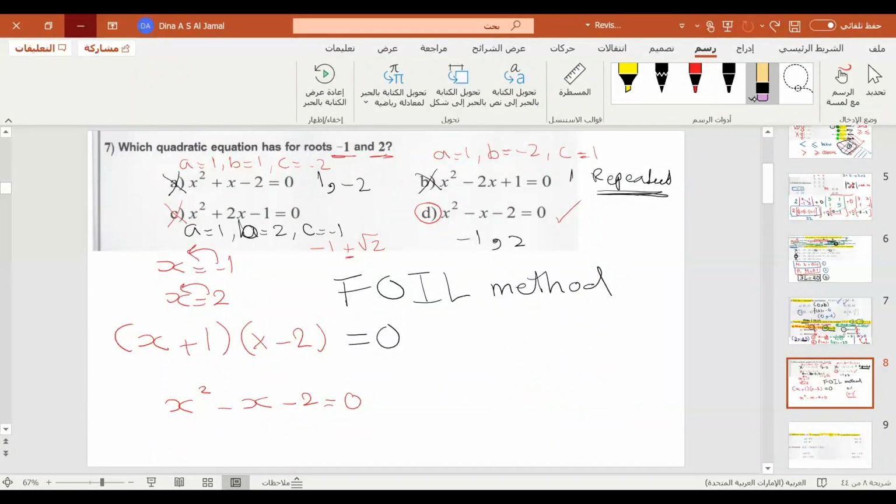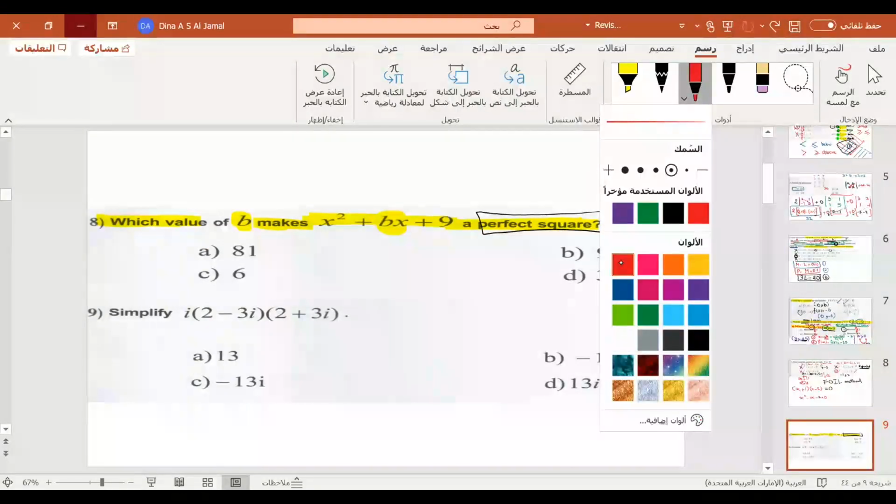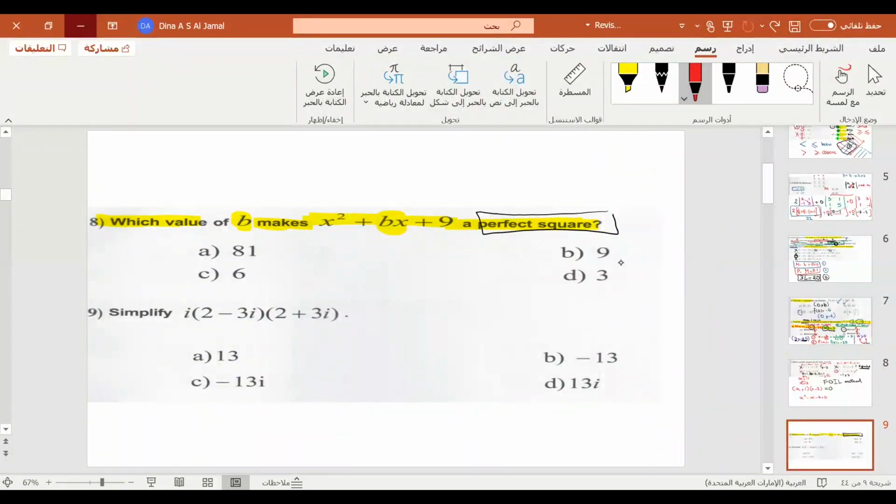So let me go back to this sentence. What do I mean by the perfect square? So it will be giving you your repeated root. And if we would like to think of it as the discriminant, that means your discriminant value should be 0, because the 0 will give you repeated roots.